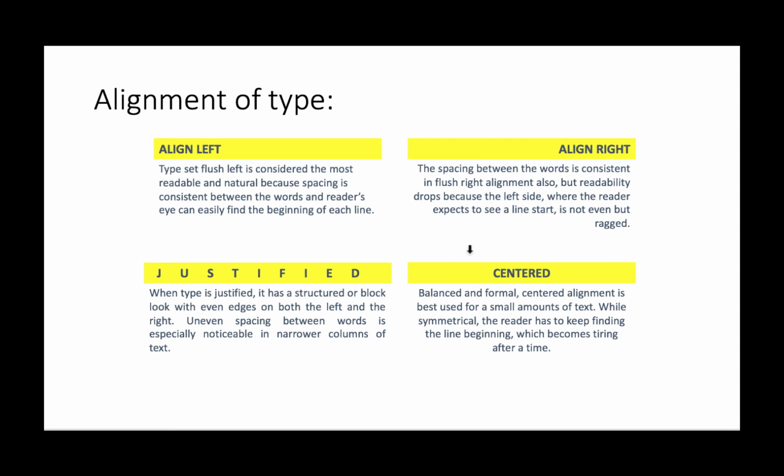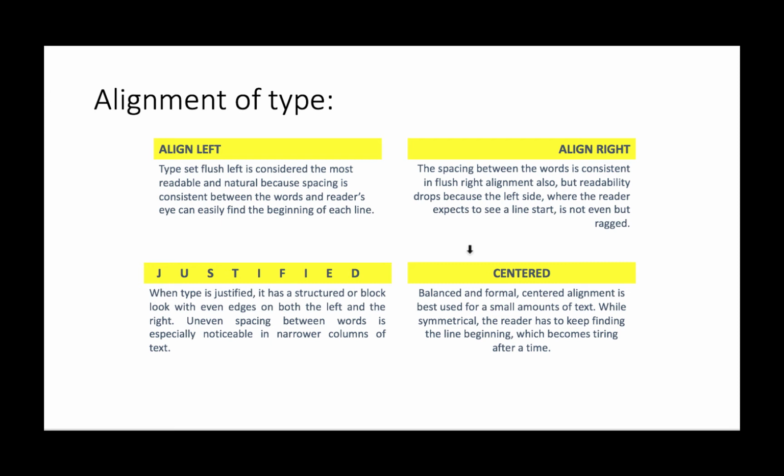For extended captions, you really want to use align left or align right due to readability. Centered type is also tiring after a time, which is why we only use it for a short amount of text. Centered type is also really good for headlines, things like that.